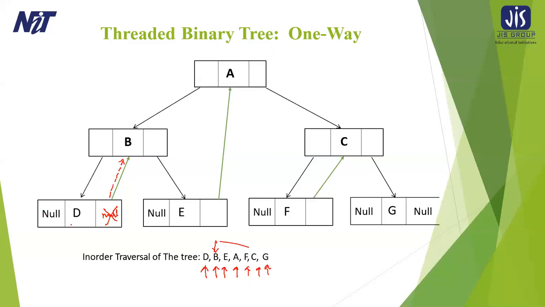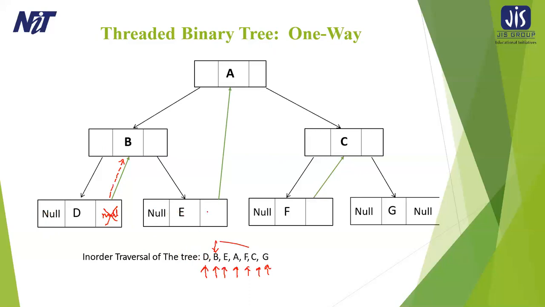The left side of D has no nodes, so we cannot replace that one. In B, no null pointers are there, so no question arises of replacing a null pointer.